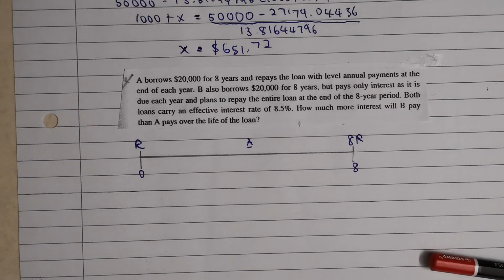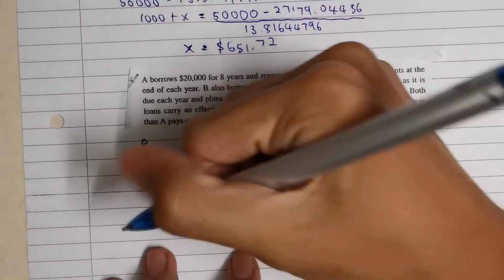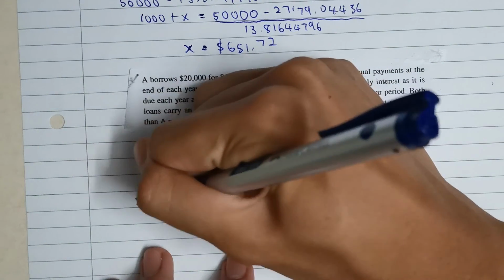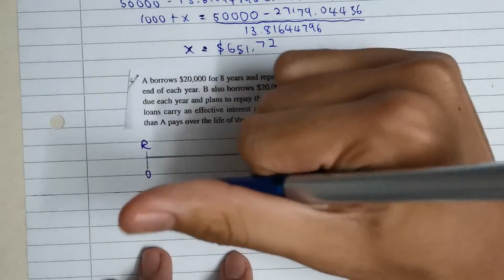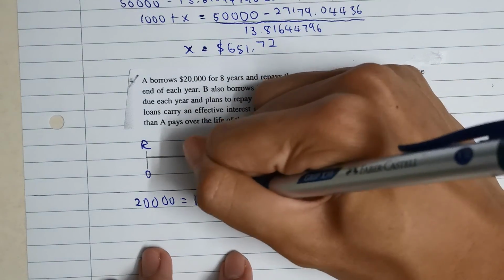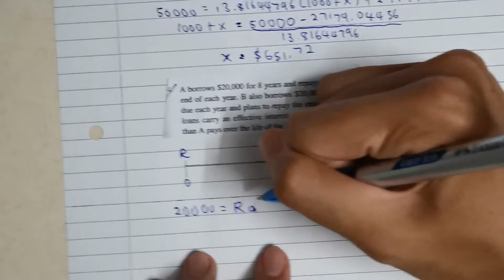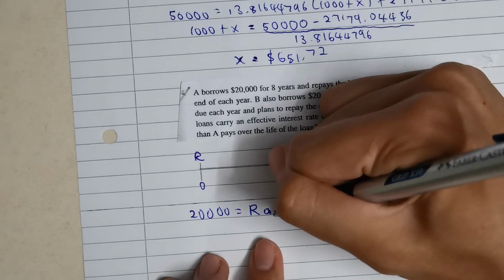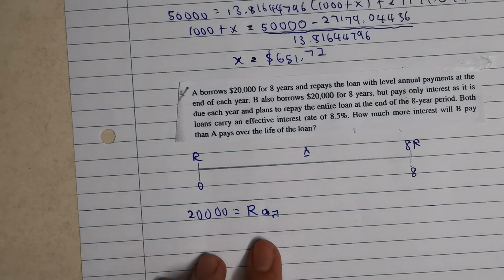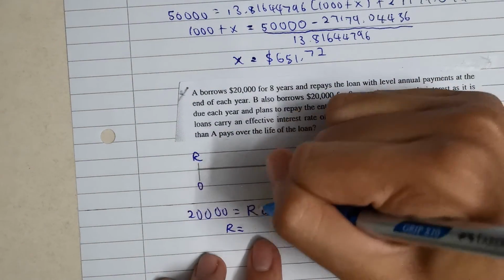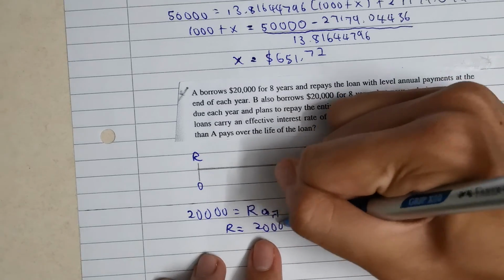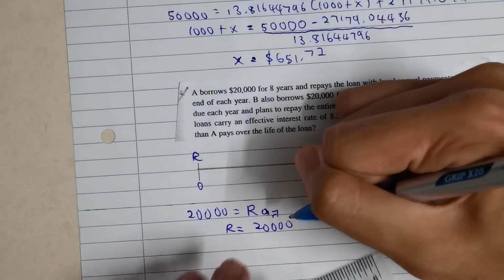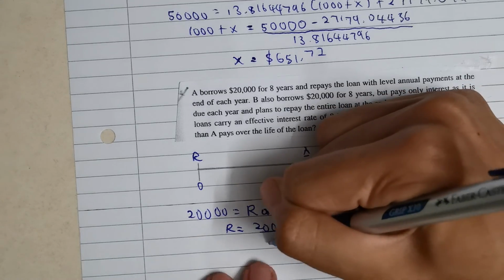But it's not as simple as dividing 20,000 by 8. Instead, 20,000 will be equal to R times A angle n. To get R, R is equal to 20,000 over A.